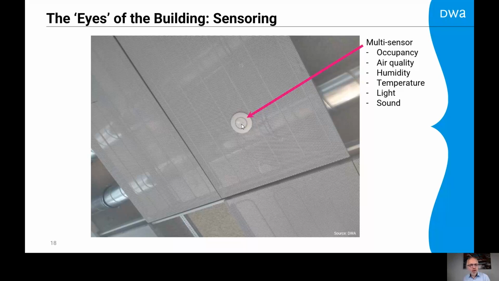Sensors are the eyes of the building. We measure the presence of people. We measure the air quality, humidity, temperature, light, and sound quality. Depending on the temperature and the humidity, it is decided whether heating or cooling is delivered to the panels, or nothing.